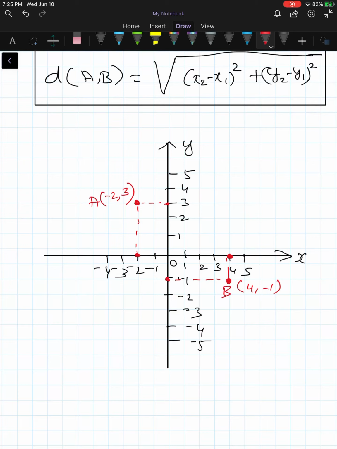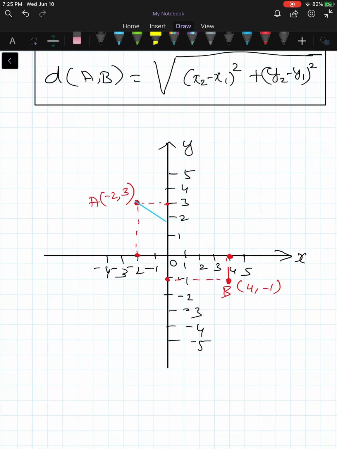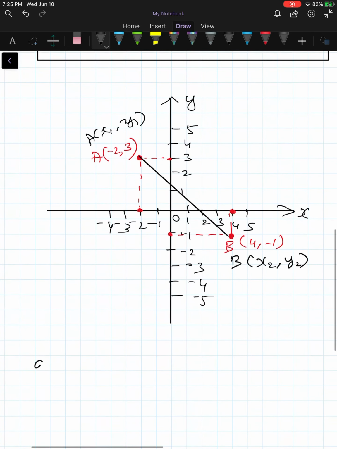This is our B. So if we have to find out the distance between A and B, that would be the length of this particular line segment, correct? So applying the distance formula now, I can consider this to be A of x1, y1, and this to be B of x2, y2. Just substitute the values in the formula given above.